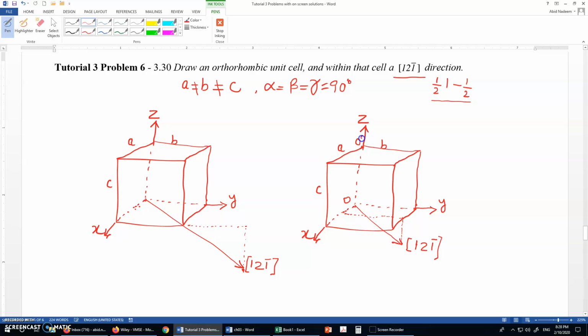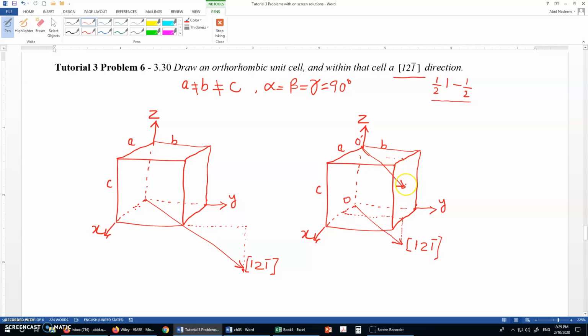This will be our new origin, and from here we go 1/2 distance along the x-axis and 1 distance along the y-axis, and then 1/2 distance below, and that will be the point for the direction. We can join this point with the tail from the new origin. So this will be another way of showing this direction.